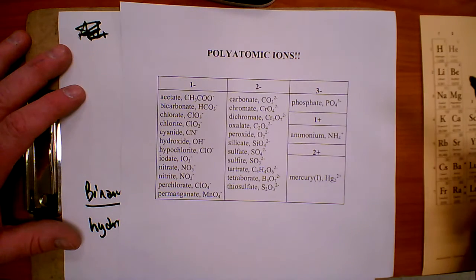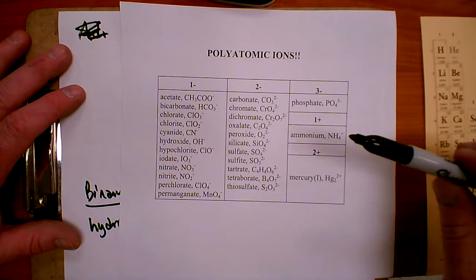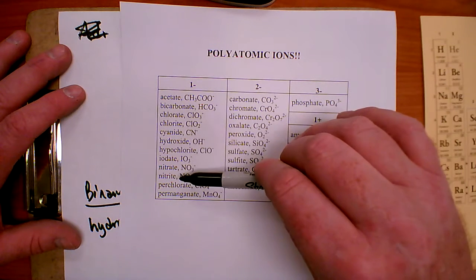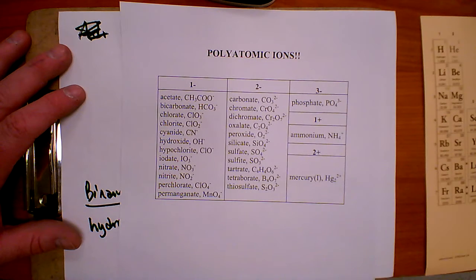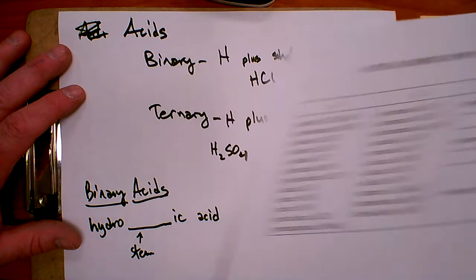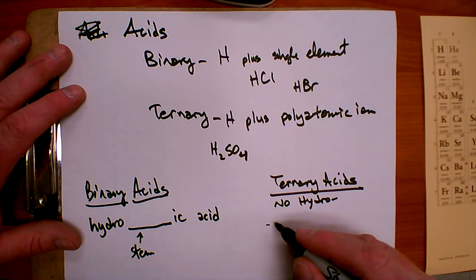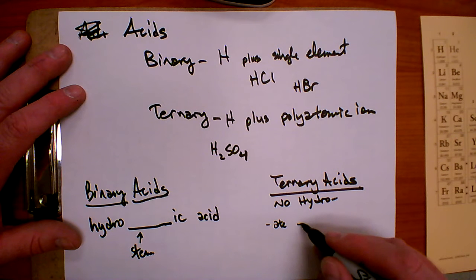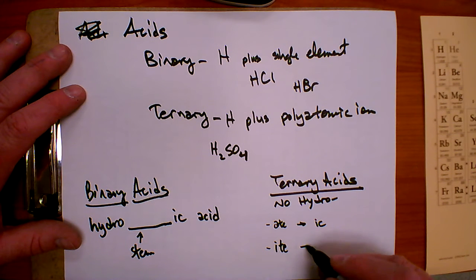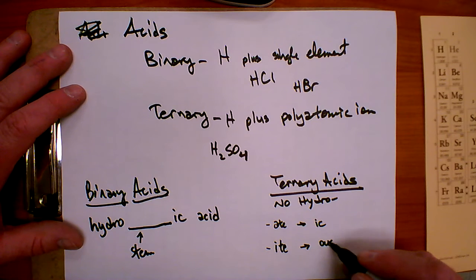They end in ate. And we have some that end in ite, like chlorite, hypochlorite, nitrite, and so on, sulfite. And so if it ends in ate, it becomes an ic. If it ends in ite, it becomes an us.